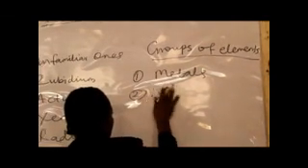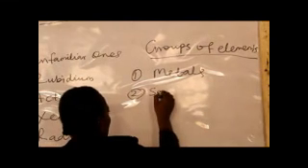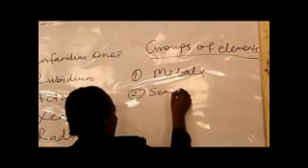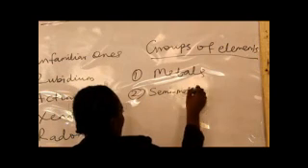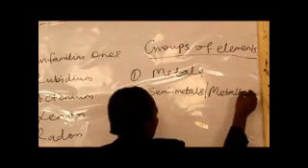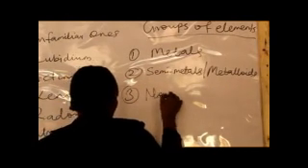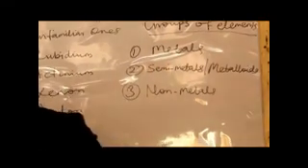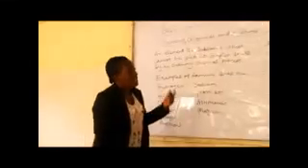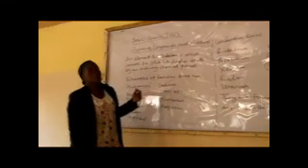Then we have the semi-metals or metalloids, if you don't want to call them semi-metals. Then we have the non-metals. These are the three main groups we can put elements into: metals, semi-metals or metalloids, then non-metals.